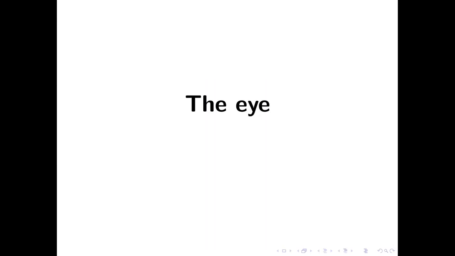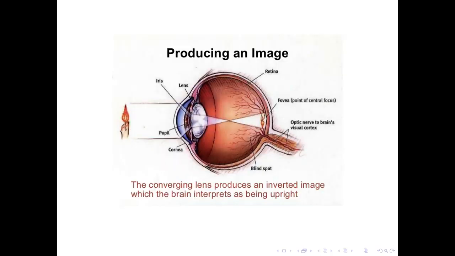Alright, so let's first look at the eye, what that actually is. So here you see an image of the eye. It actually shows how we produce an image in the eye. So what goes on? Well, we have a candlelight here, which is going to radiate light, as you can see by those lines here. And then we have the initial lens here, as you can see, the iris.